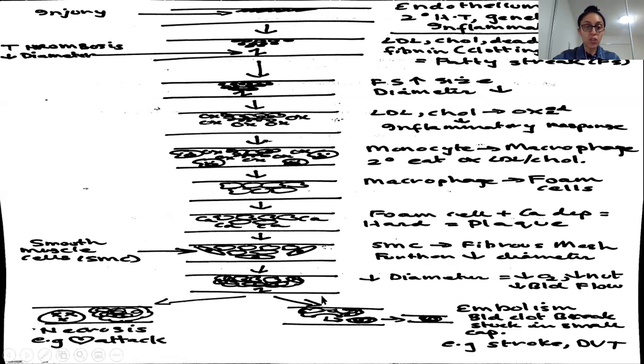So when the diameter decreases, what is going to happen? At one point, it may so happen that there is 90% blockage. You must have seen medical professionals, doctors, say that there is a 90% blockage. What does this mean?